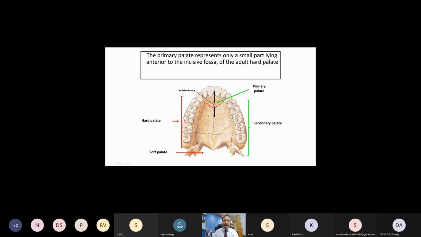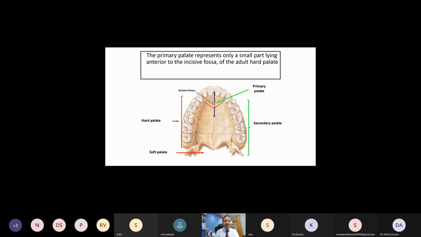And when it reaches up to the incisive foramen, then it is called complete. Similarly, because union starts from the incisive foramen, you will find that there may be a cleft of just the uvula, or just the soft palate and then part of the hard palate, or a complete hard palate. I will show you with some pictures.